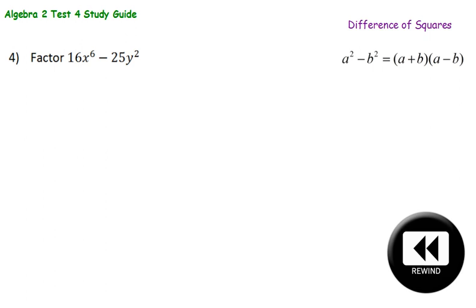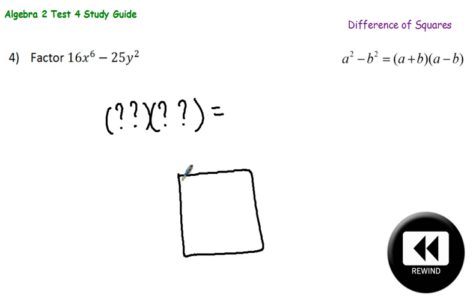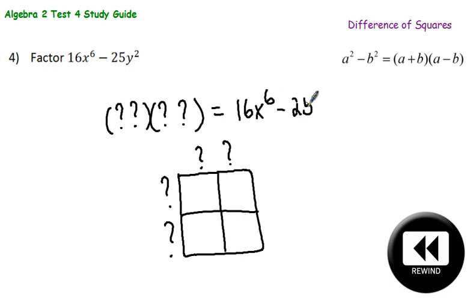So, for instance, what we're saying is that we did the box on this. There was two things that got multiplied together. You don't have to write this down yet. I'm just kind of setting this up for you. There was a group of 2 and a group of 2 that got multiplied. And when you multiplied those two things together, either because you FOILed it or you did the boxes, what popped out of that box is 16x to the 6th minus 25y squared.